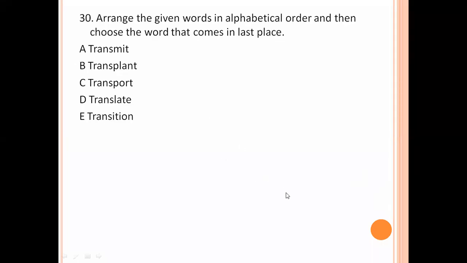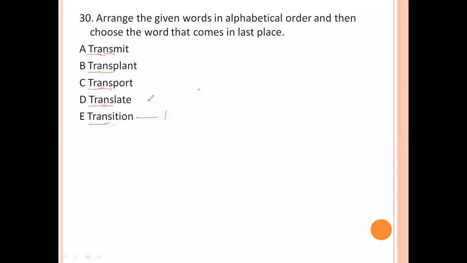Next, the last question. Arrange the given words in alphabetical order and then choose the word that comes in last place. First I comes, so this one is in first position.